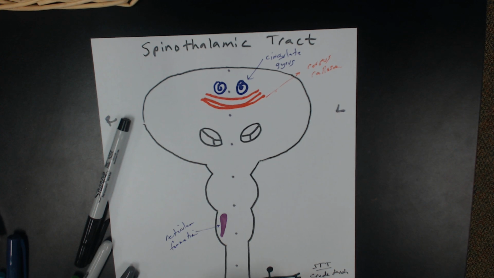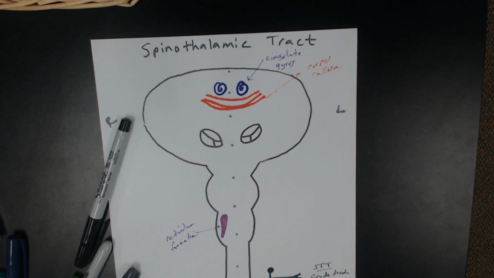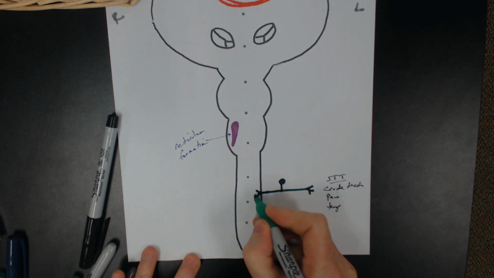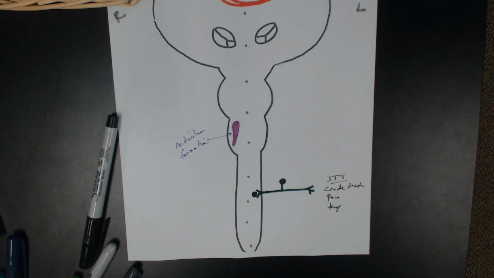The axon is going to synapse immediately in the dorsal gray horn in the area of the substantia gelatinosa, the second order neuron.